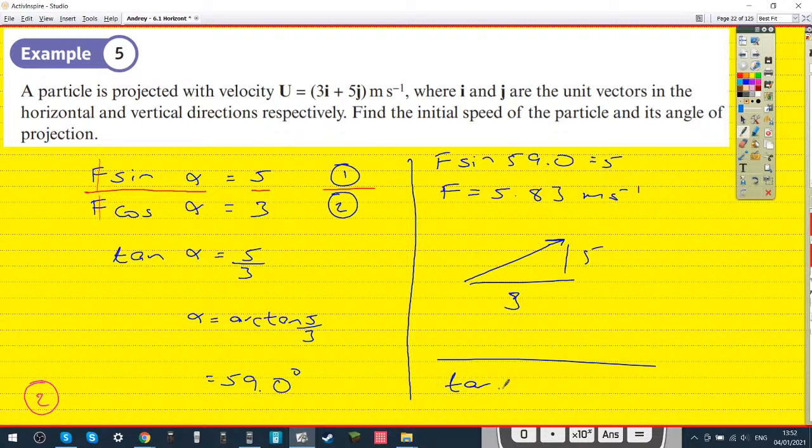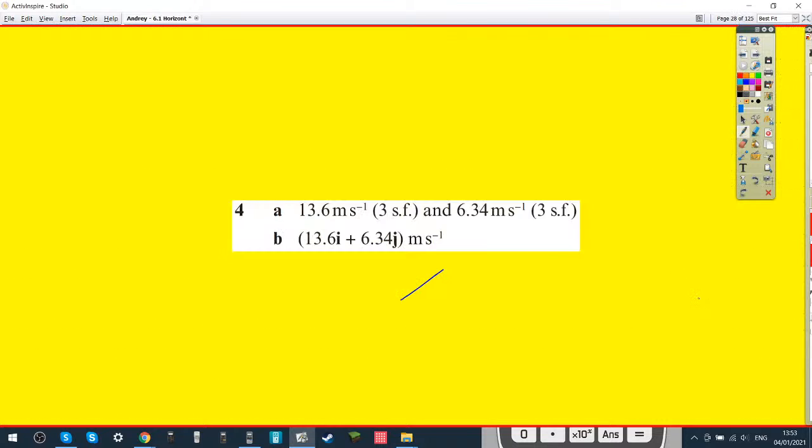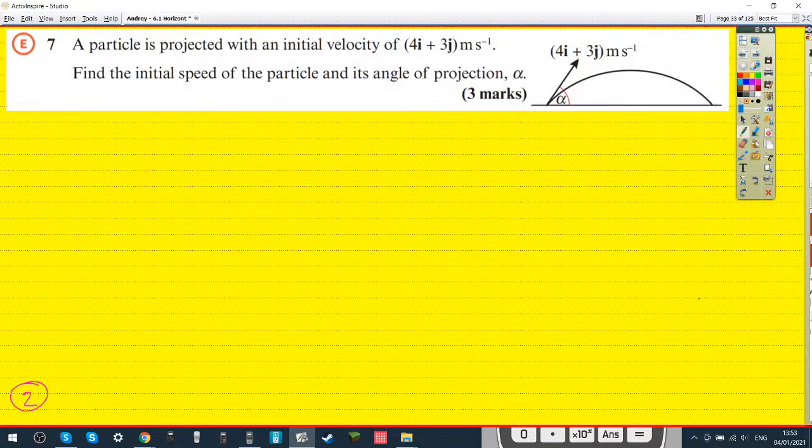And so tan alpha is equal to the j over the i. And then the magnitude of the force is Pythagoras, root of a squared plus b squared. I think that'll work. If we need to, we can do it bit by bit.